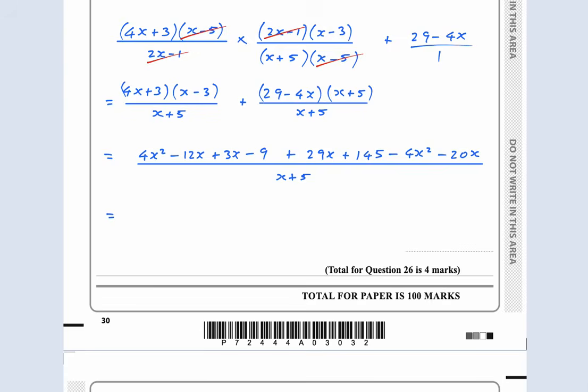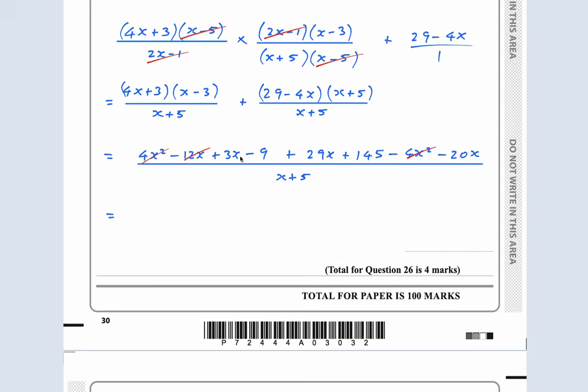Now, again, a few things are going to cancel. 4x squared cancels with 4x squared. We have minus 12x plus 3x. Let me just get this straight, guys. This is minus 12x plus 3x is minus 9x. Minus 9x plus 29x is 20x, and the 20x minus 20x is gone.